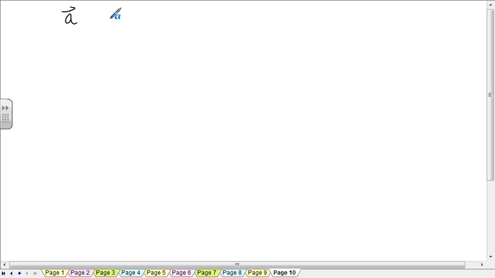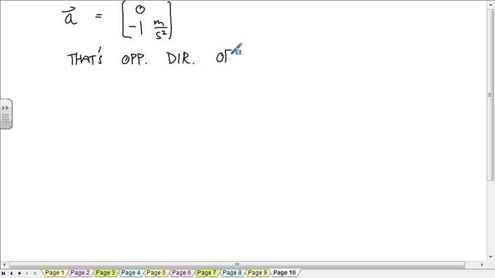So the acceleration is 0, -1. That's the opposite direction of the velocity at time 1. So based on what we know about 1D kinematics, we'd expect it to slow down.